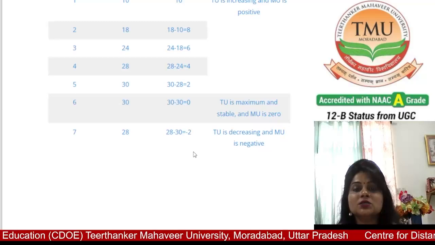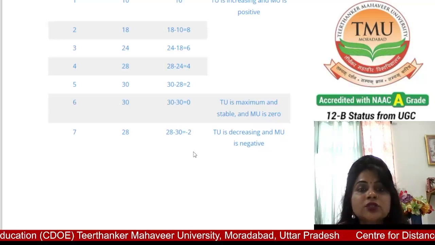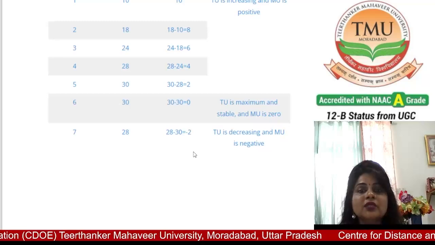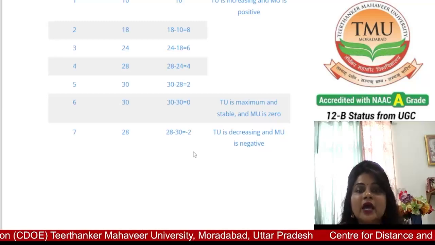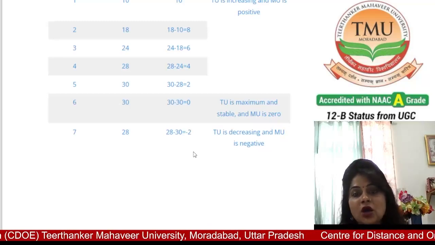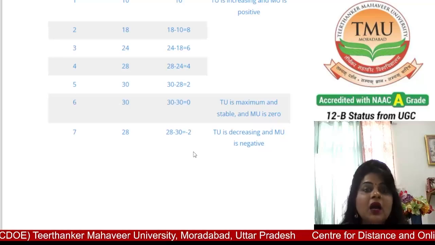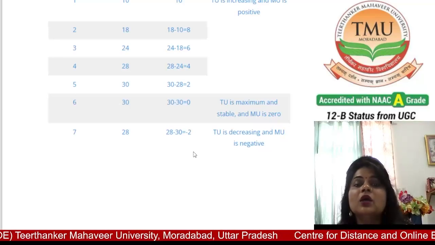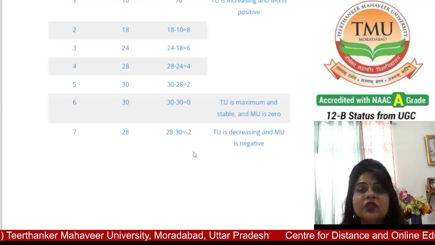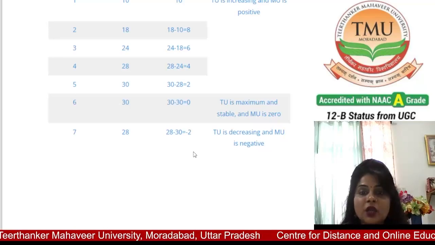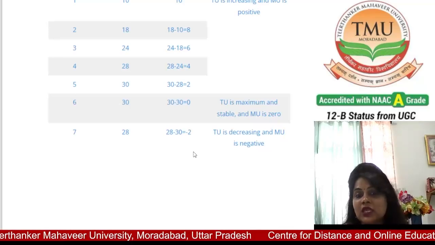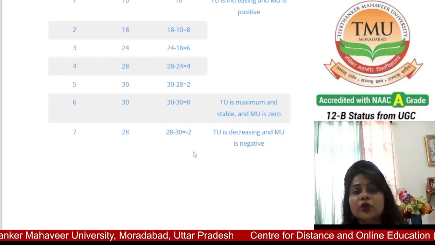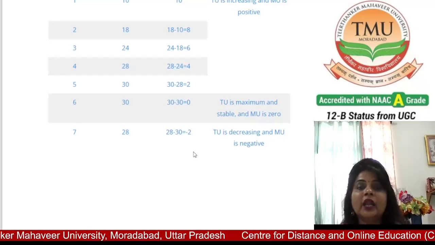When a consumer consumes the sixth unit of that commodity, he gets zero utility, and as a result, total utility remains constant and becomes maximum. After the sixth unit, if the consumer keeps consuming the seventh unit of the commodity, marginal utility becomes negative, and with negative marginal utility, total utility starts to decline.